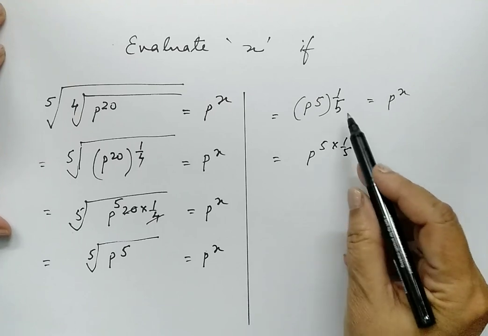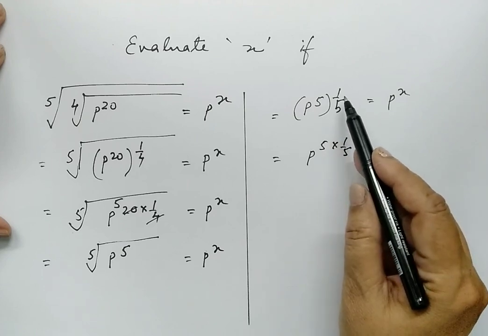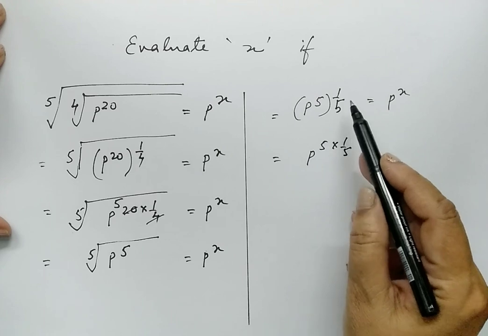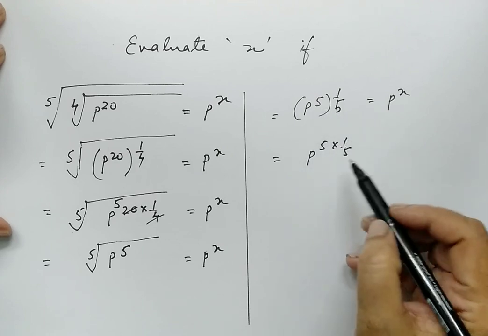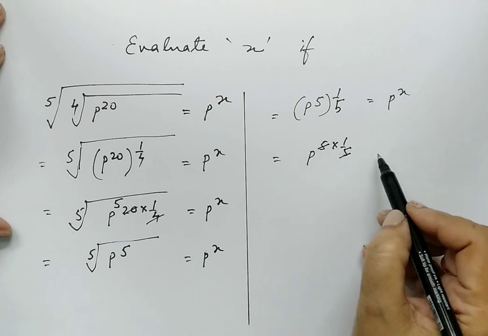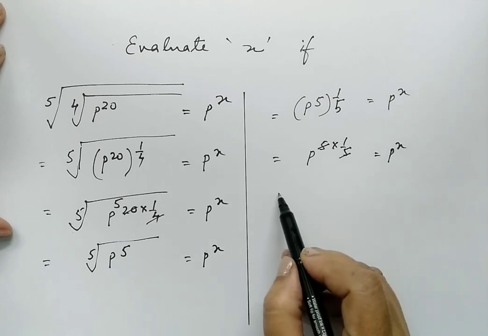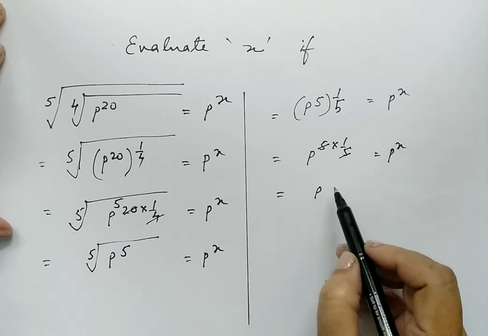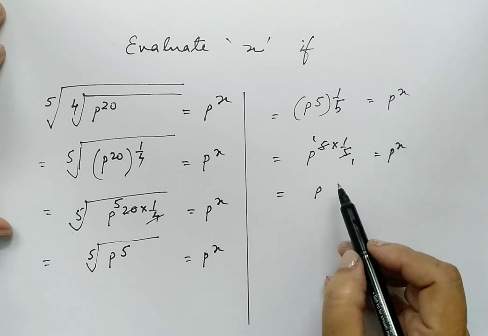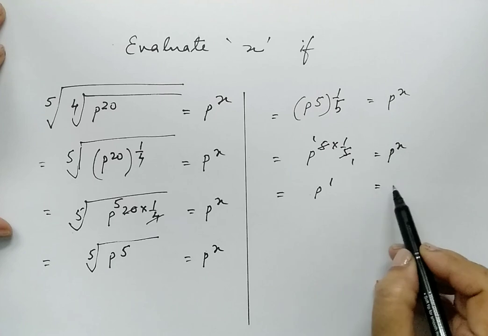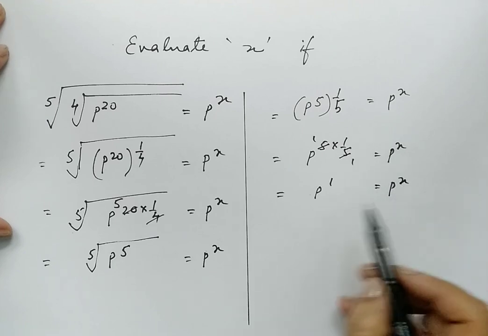powers. This is a rational exponent in terms of numerator and denominator, or p by q, and this is an integral exponent. Cancel this. Here we have p to the power x. Finally, what we get to see is this goes 1 times, so we have a power of 1 here, and we have p to the power x this side.